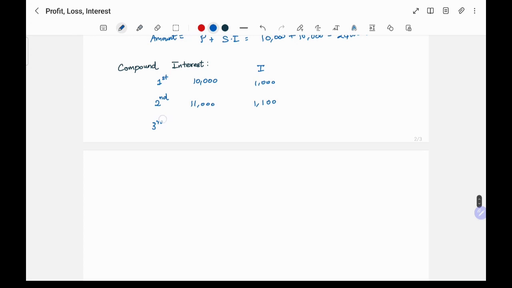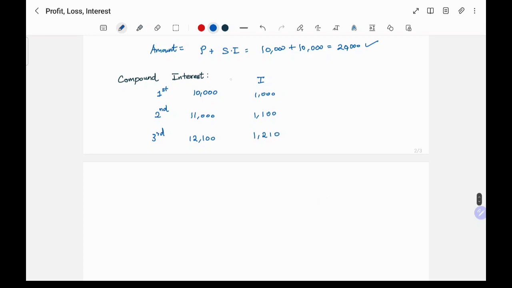So in the third year, it will be 12,100, and upon this I'll get an interest of 1,210, right? So this is growing each year. The rate is 10%, right?